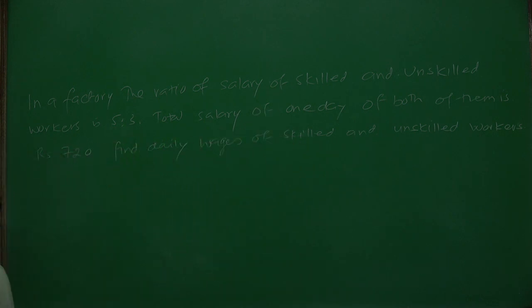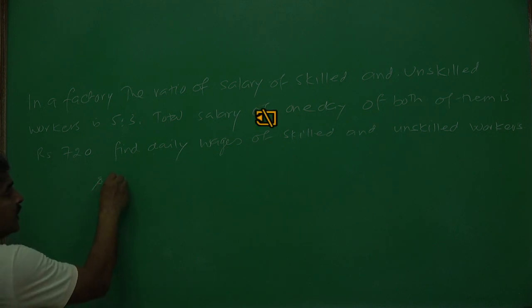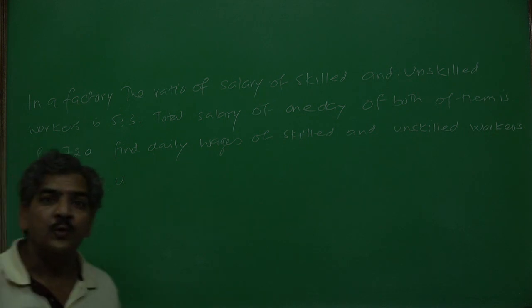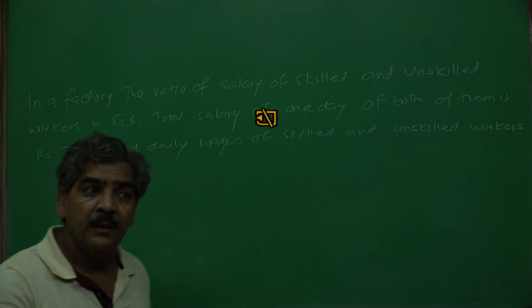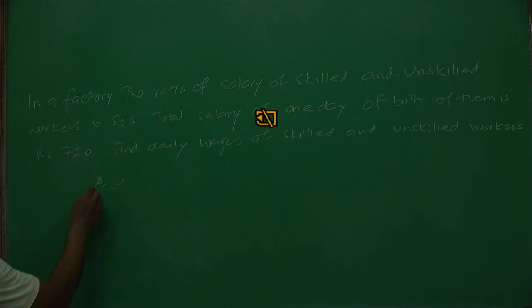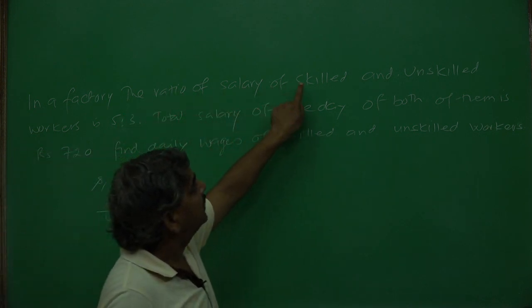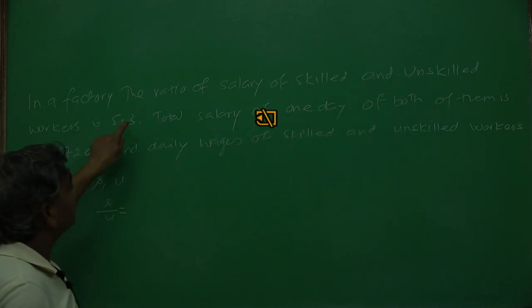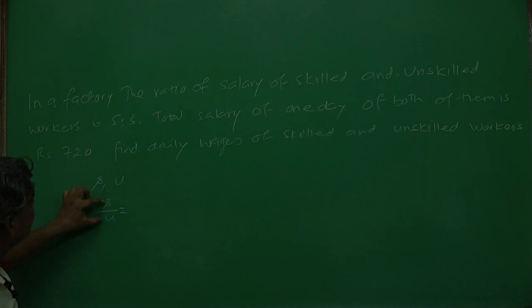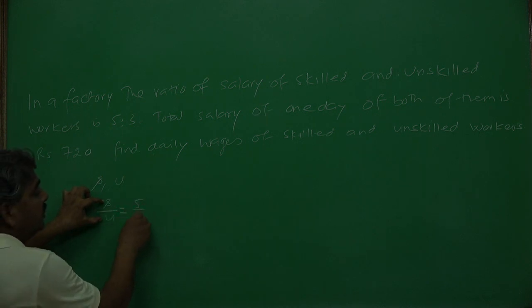Suppose the salary of skilled person is S and salary of unskilled person is U. U stands for unskilled and S stands for skilled person. So the ratio of their salary S is to U is 5:3.